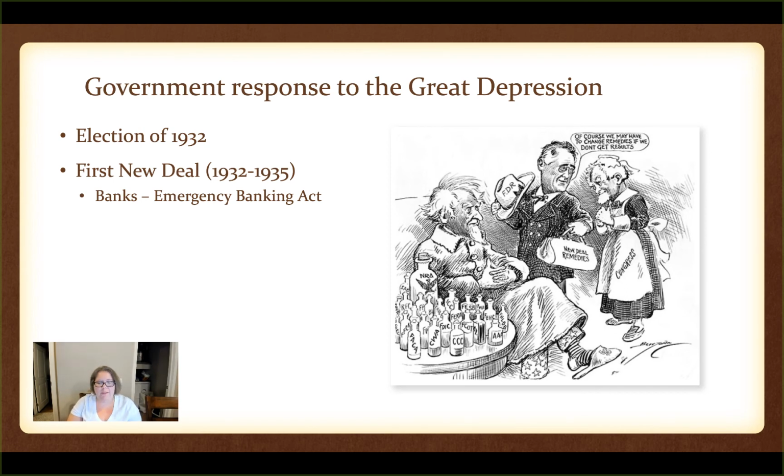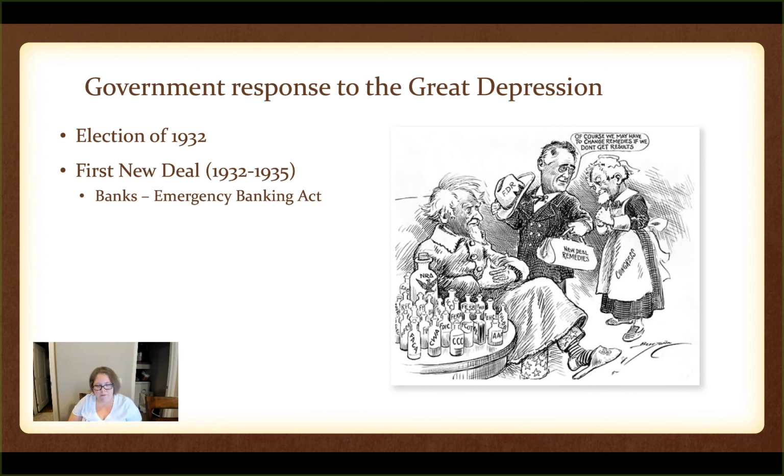And then we also get the passage of the Glass-Steagall Act. This barred commercial banks from becoming involved in the buying and selling of stocks and helped to establish the Federal Deposit Insurance Corporation, or FDIC, which insured the accounts of depositors so that if your bank goes under, the money you have deposited in that bank is not lost to you.